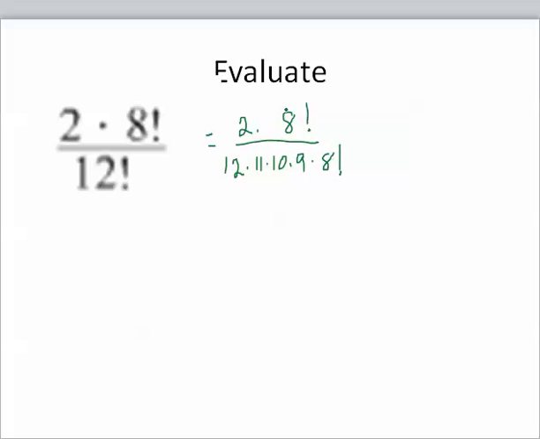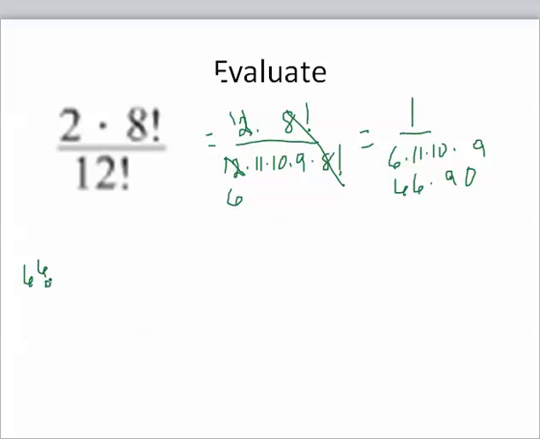And those will cancel each other out. Okay, well that's simple enough. I can divide the 2 into the 12 and get a 6 on the bottom, right? So what have I got now? I've got 1 over 6 times 11 times 10 times 9. That's 66 times 90. Okay, well I can't do that one in my head.